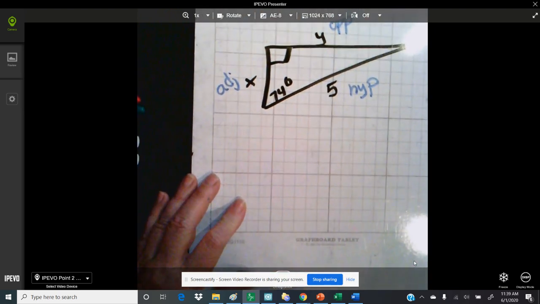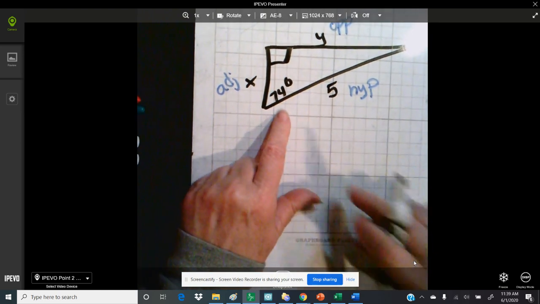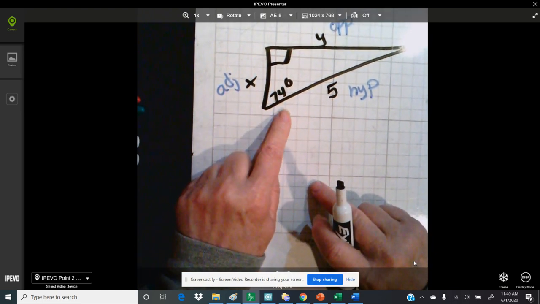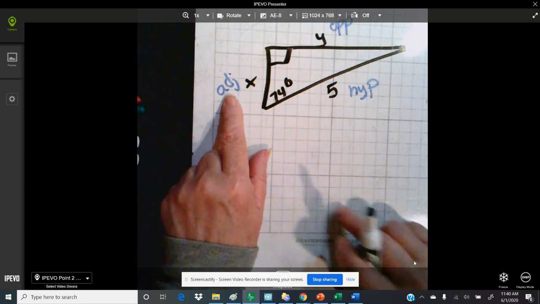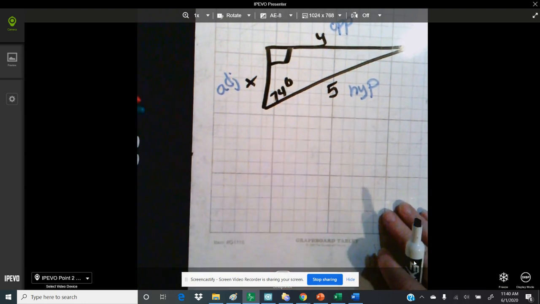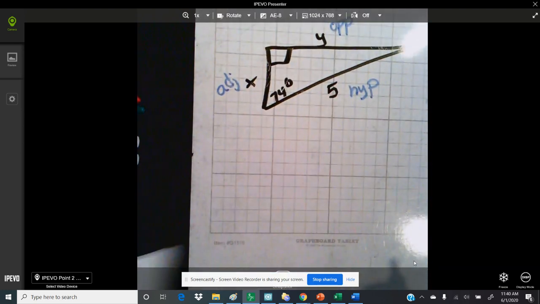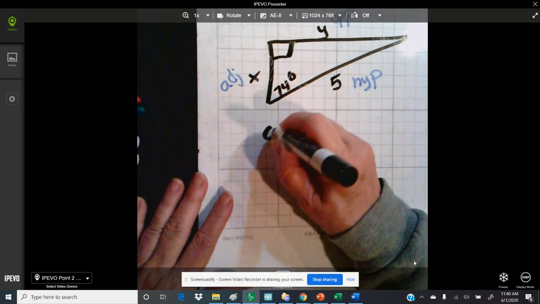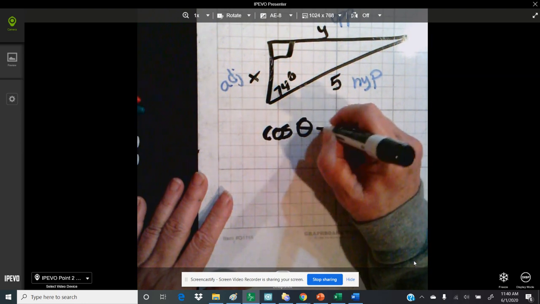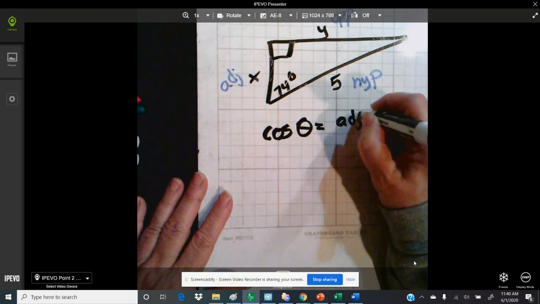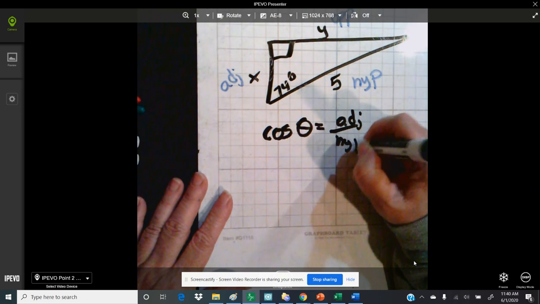So I'm going to have to set up two separate equations. So let's solve for x first. So based on x, I have the adjacent and the hypotenuse. Well, if I go back here, which uses the adjacent and the hypotenuse, that's the cosine. So I know the cosine of some angle equals the adjacent over the hypotenuse.